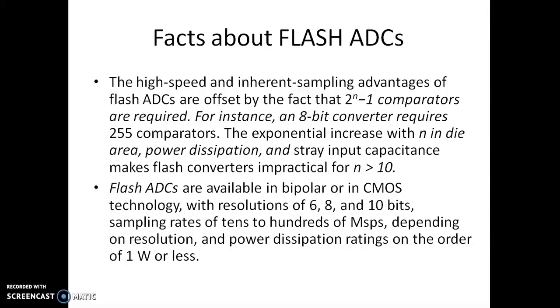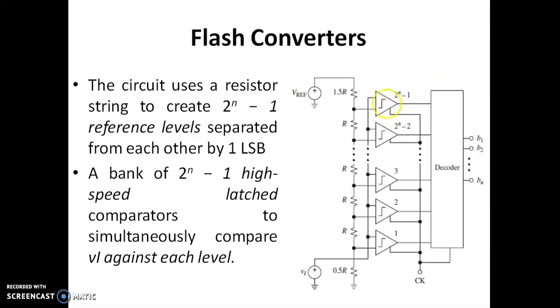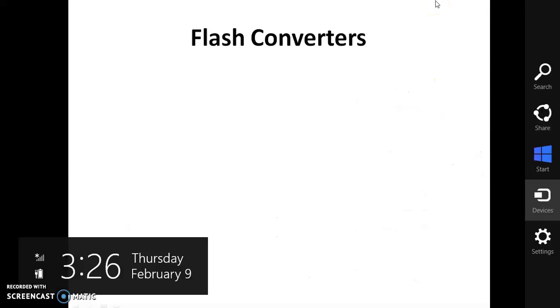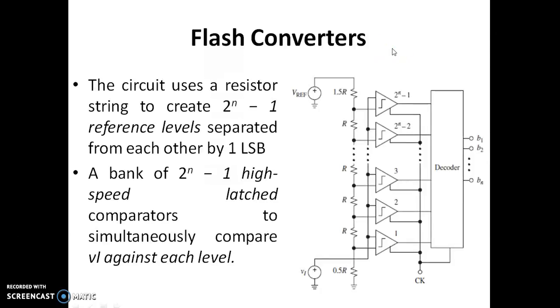So the take home from flash ADCs is that, as we can see in the block diagram, we have 2 power n minus 1 comparators. Each comparator gets a voltage from the input voltage as well as from the reference voltages. We also have 2 power n minus 1 reference levels, separated by 1 LSB. Once we get some coded value here, that coded value has to be decoded.